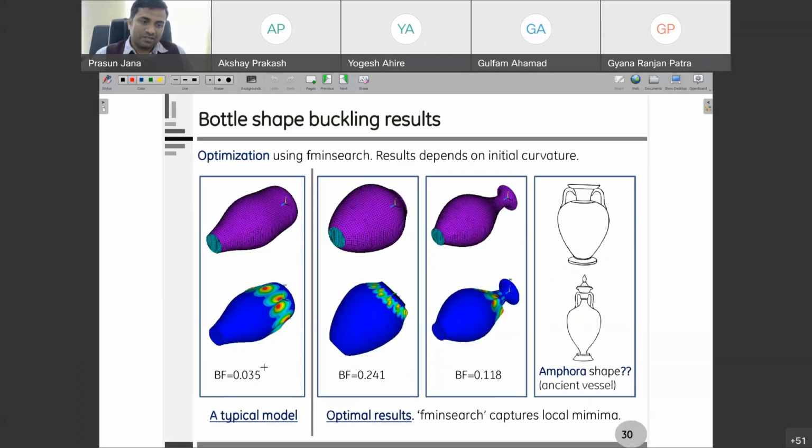So here, let us say, this is the base model. We started with this and got a buckling factor of 0.035. Let us say this is some factor. The buckling factor is a factor which has to be multiplied with the applied load to get the critical buckling load.